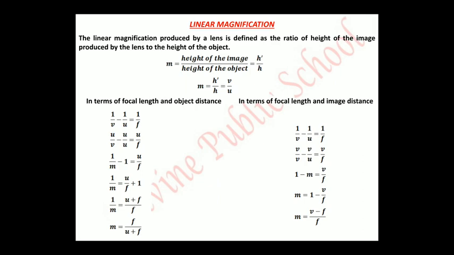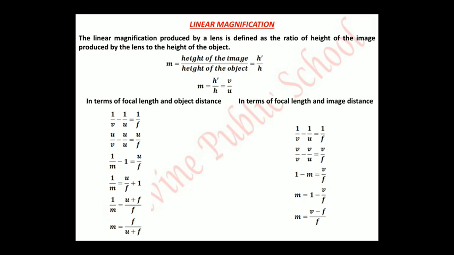If you see the pattern, when we had to calculate the relation for magnification in terms of focal length and object distance, we multiplied the whole equation by u. But when we had to calculate the relation for magnification in terms of focal length and image distance, we multiplied the whole equation by v.